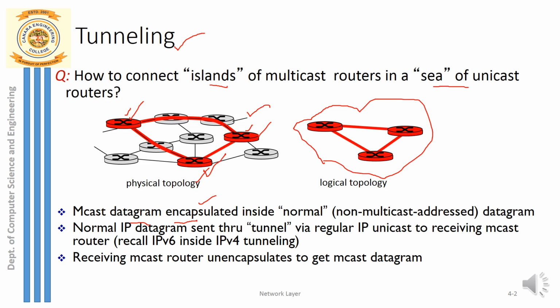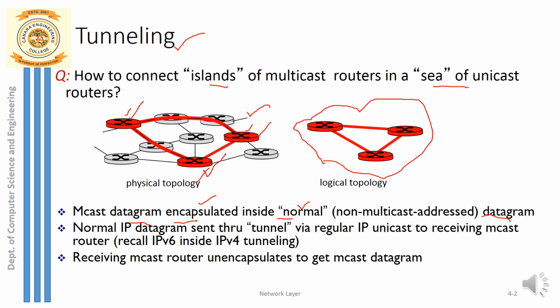Here you can see a normal datagram is prepared. A normal datagram is nothing but a non-multicast datagram. A non-multicast datagram means this normal datagram will be sent to all the nodes in the network, whether multicast group members or non-multicast group members.